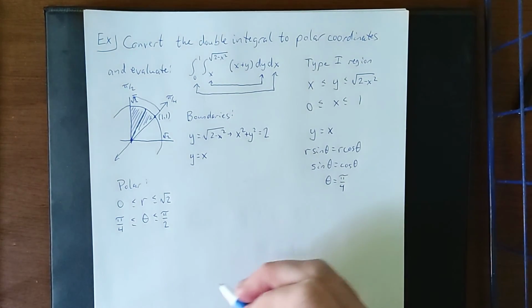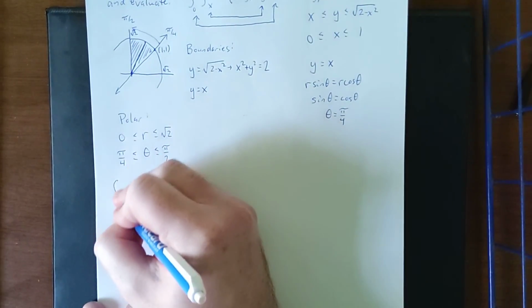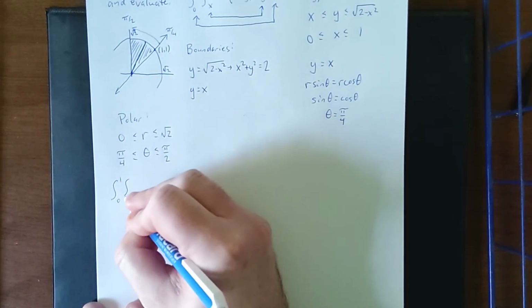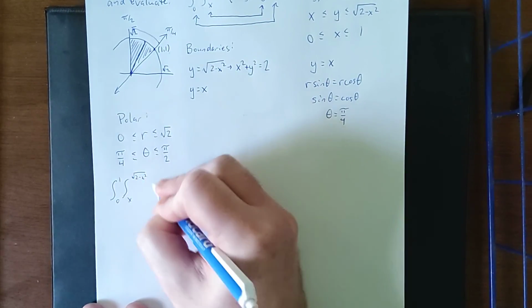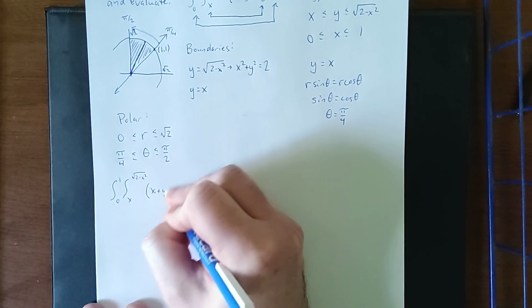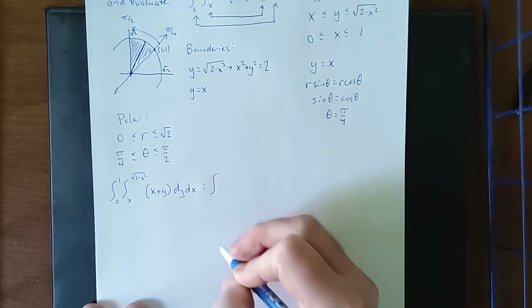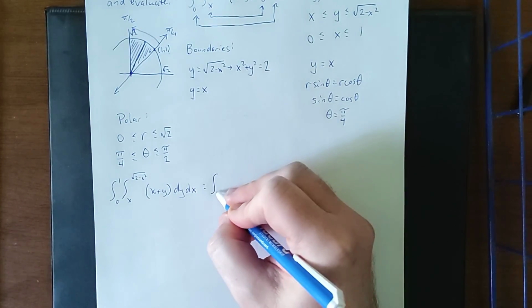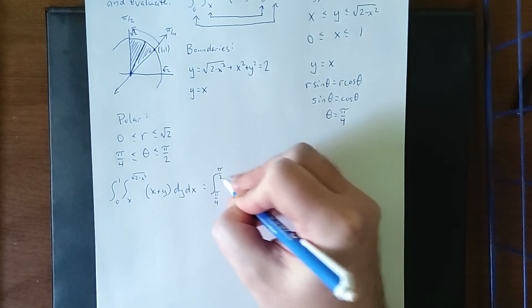So, 3 things that we need to change for our double integral. Let's recopy what the double integral was. That's 0 to 1, x to the square root of 2 minus x squared, x plus y, dy dx. So, things that need to change. First off, we'll start with theta. That'll be pi over 4 to pi over 2.